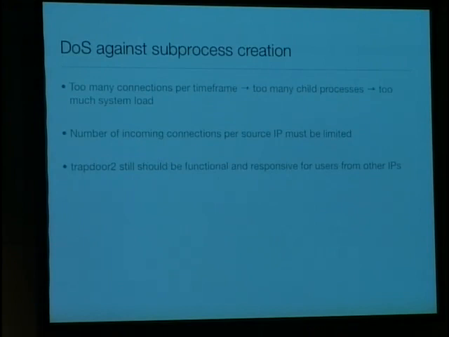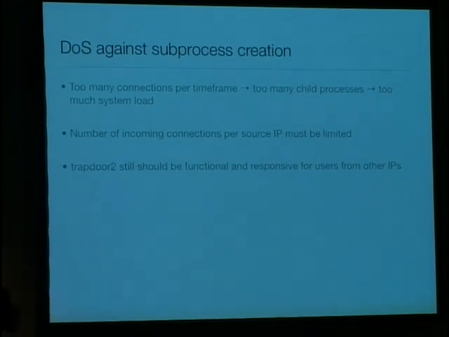And the more interesting stuff, credits for this go to Clifford only, because he's the one who developed it, and it's quite simple and quite effective. The basic problem is that when you have too many connections per time frame, it leads to too many child processes. In the drawing before, one connection leads to two child processes, so that's quite a lot of resources.